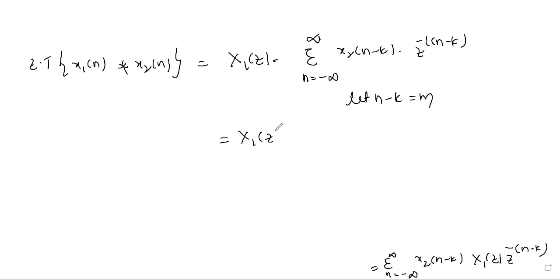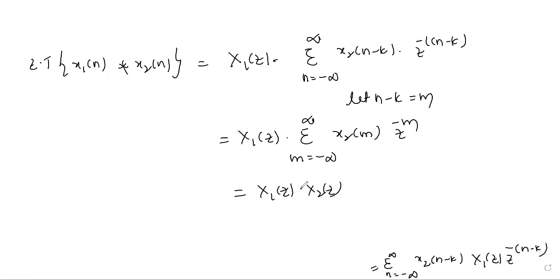Then X1 of Z into summation, m limits will also be from minus infinity to infinity, x2 of m into Z power minus m. This is nothing but X2 of Z. X1 of Z into X2 of Z, hence proved. So like this, this is important, the transform formula X1 of Z into X2 of Z.